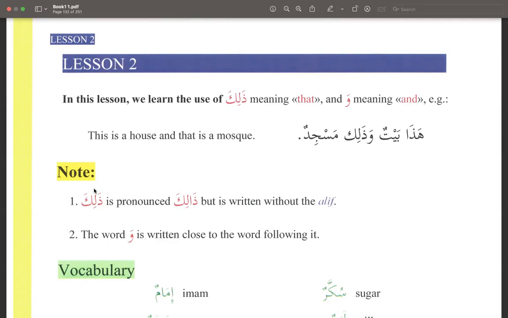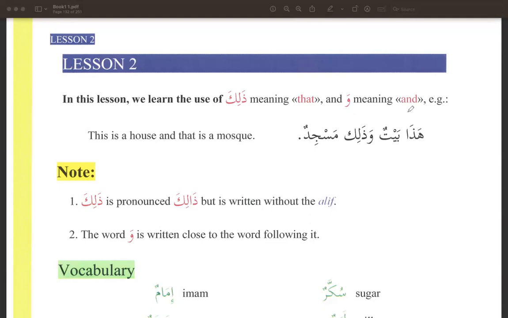Bismillah ar-Rahman ar-Rahim. In this lesson, we learn the use of dhalika, meaning that, and wa, meaning and. So as you all know, students, last week we did hada, and hada means this, dhalika means that.